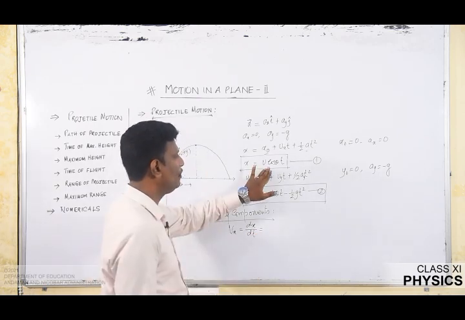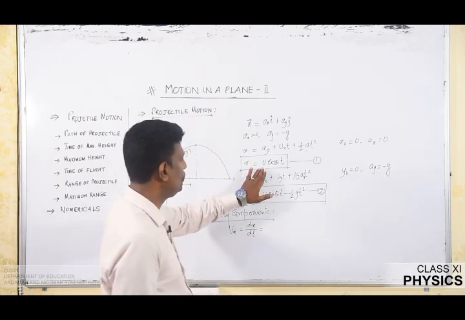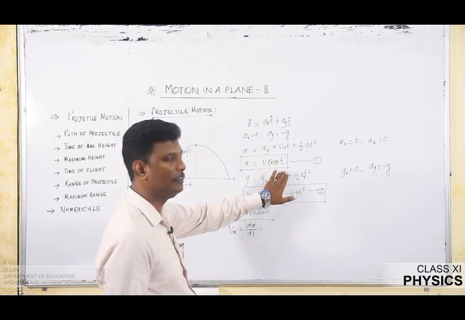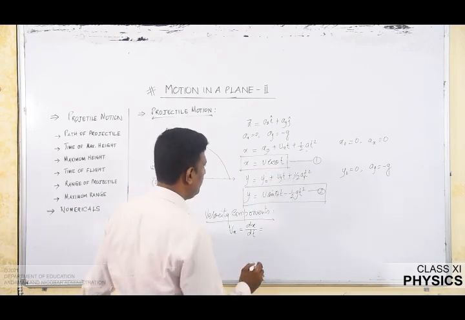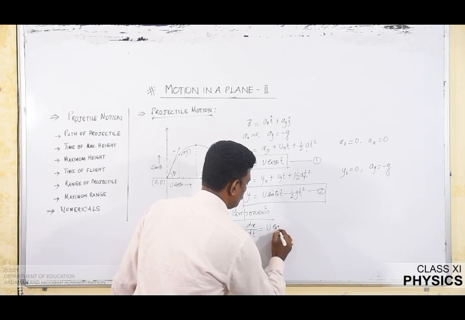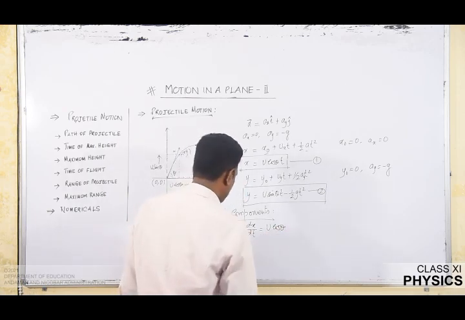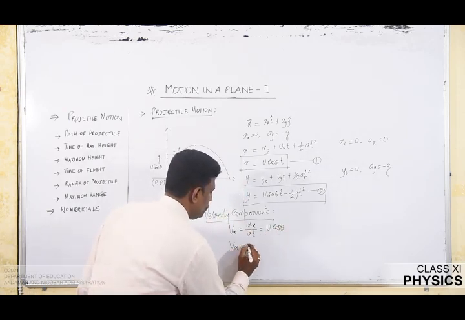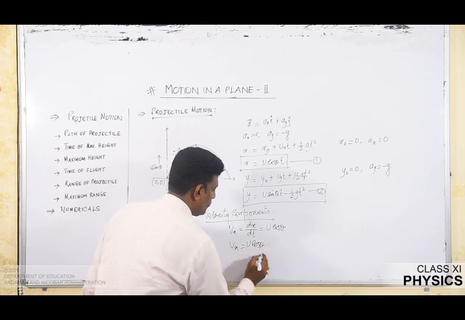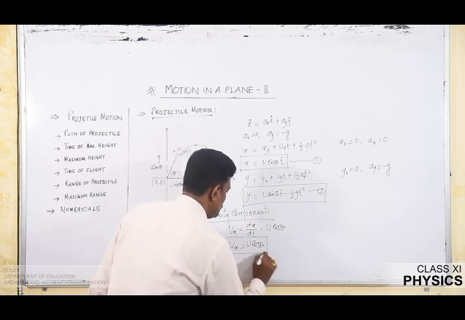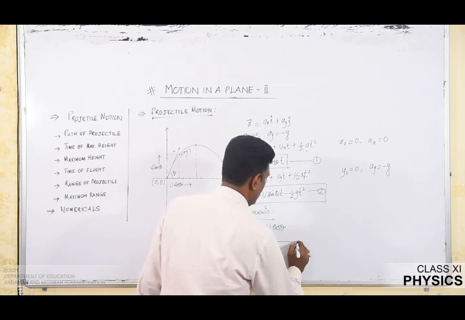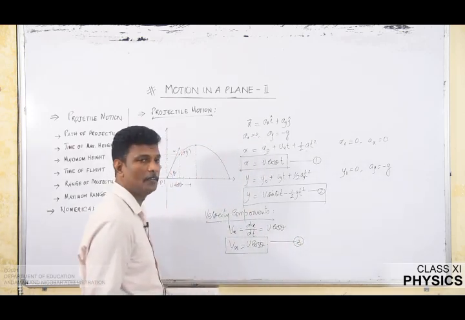The derivative of this gives u cos theta, dt by dt will become 1, and we will have u cos theta. So Vx is equal to u cos theta, that is the velocity along the x axis. Let it be equation number 3.